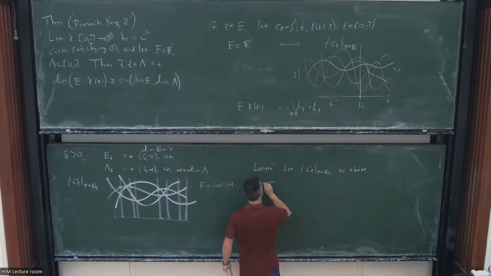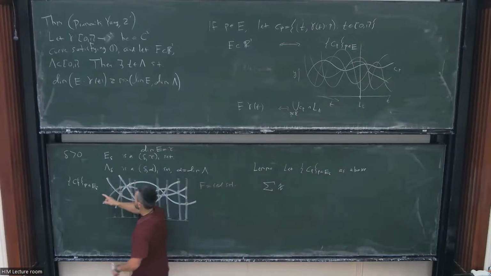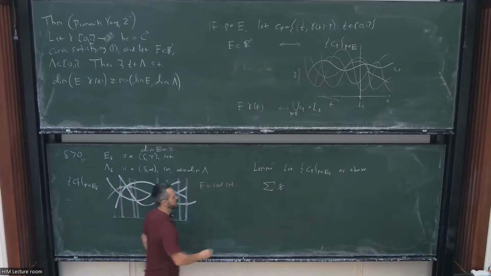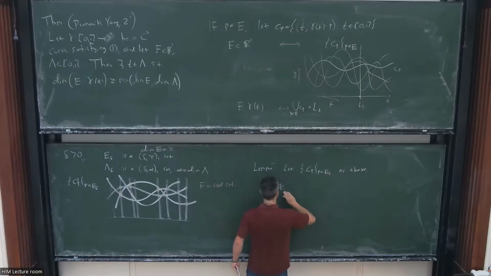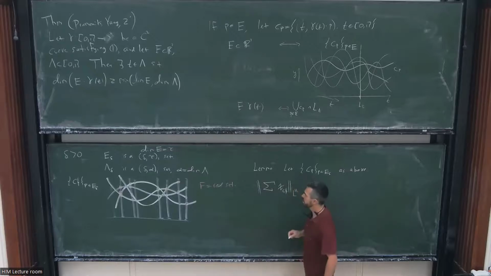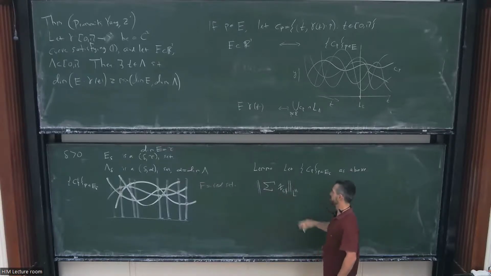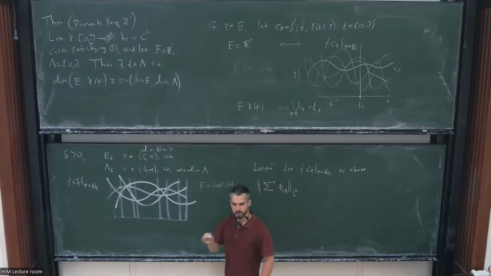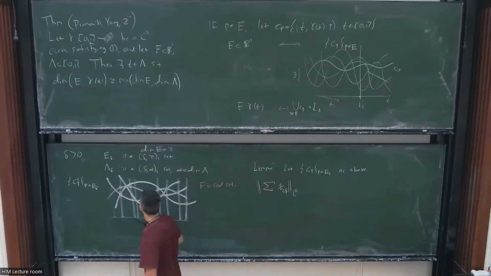I want to consider the sum of the characteristic functions of these delta-thickened curves, C sub P delta. And we could ask what LP norm we are trying to understand. For reasons I may not be able to get into, the 3/2 norm is the right one to consider. So this would be the integral, as I've written it, over all of R2 of this sum of characteristic functions raised to the power 3/2, and then take the power 2/3.